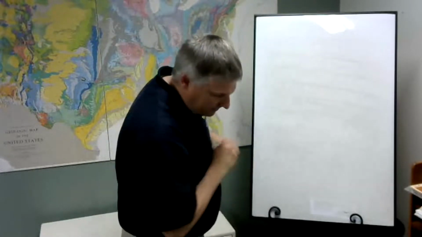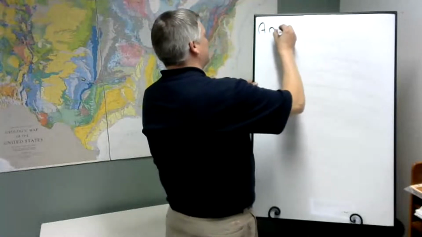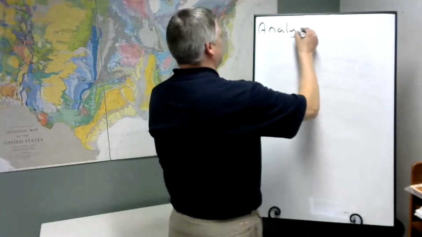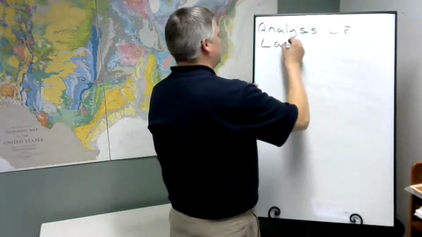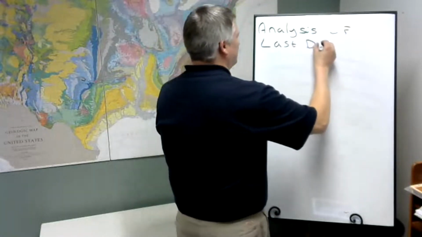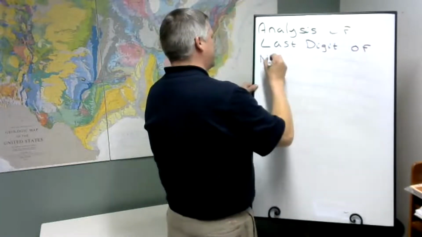It has to do with creating another frequency chart for the data itself, that looks at the characteristics of the data. So we're going to study the characteristics. First thing, analysis of the last digit of numeric data.